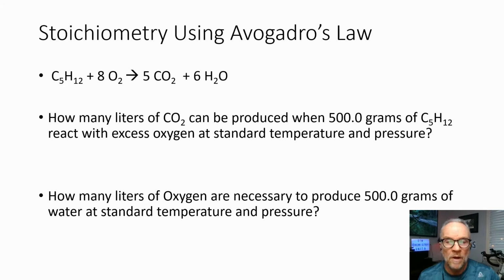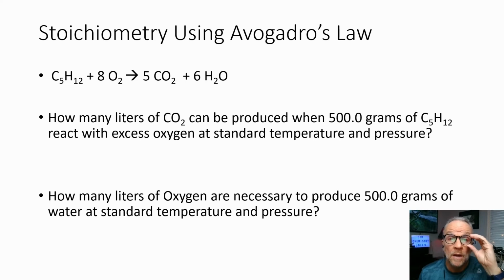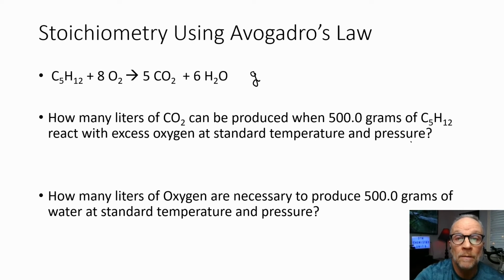Okay, so now we are going to do some problems using Avogadro's law, some stoichiometric problems, and you will find that these are very similar to the stoichiometric problems that we did before. So let's start with a flow chart here. We'll have grams to moles, just like we did in the previous units, and we'll use the molar mass off the periodic table to make that conversion.